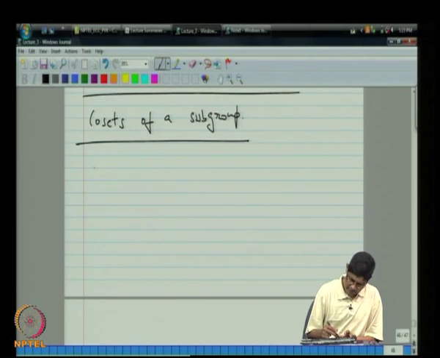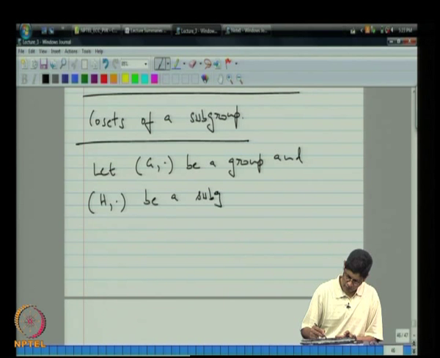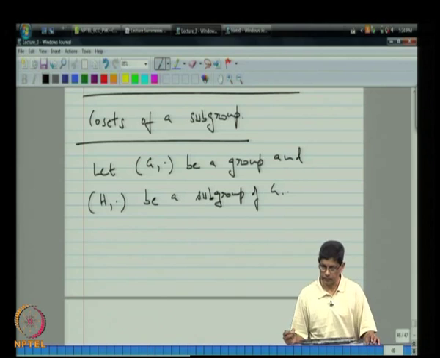So, let G be a group and H be a subgroup of G.